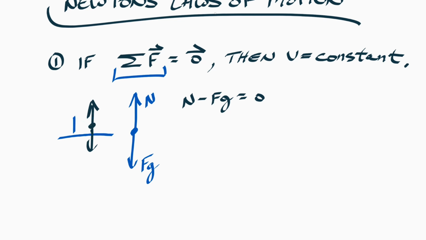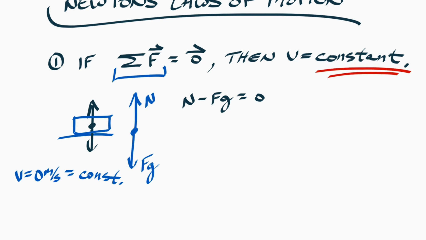Just like this box on this table has a constant velocity, let me write that. V equals 0 meters per second equals constant. It doesn't change with time. That's all constant means. That's what we learned from the first law.